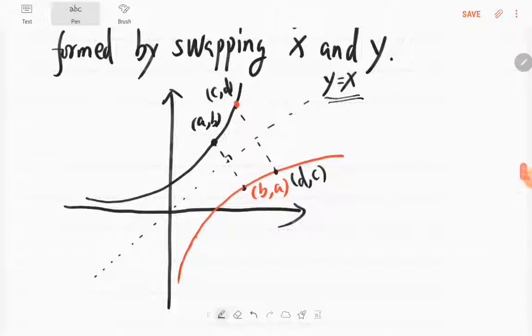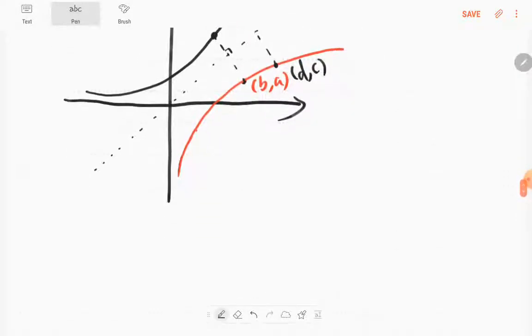So why do we want to learn the inverse function? We have learned the exponential function y equals b to the x, where b is greater than 0 and not equal to 1.